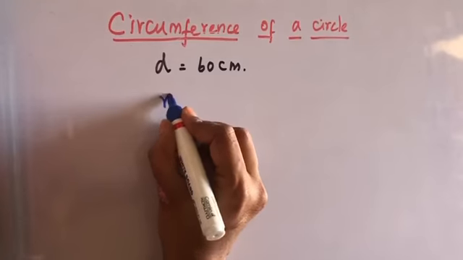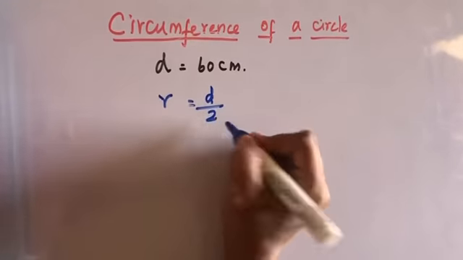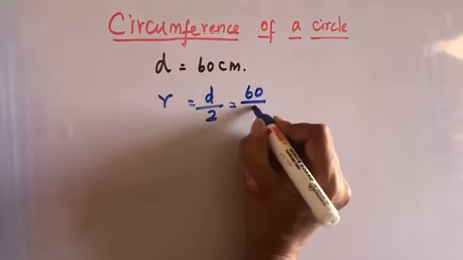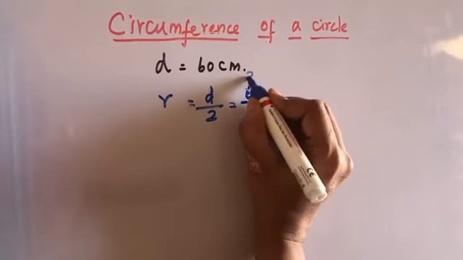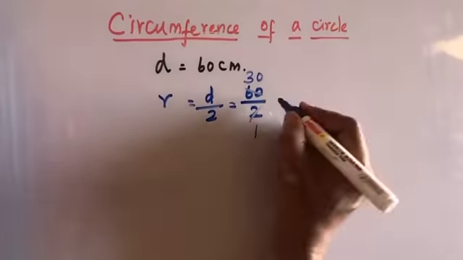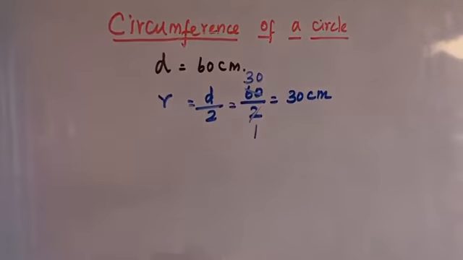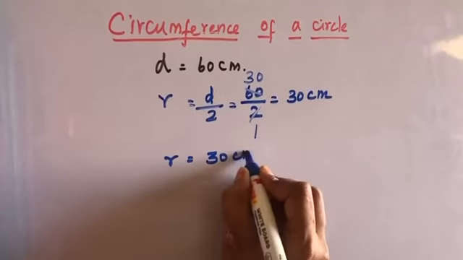How will you find the radius? r is equal to d by 2, that is diameter divided by 2. Here d is 60, 60 divided by 2. So while simplifying, 1 2 is 2, 3 2s are 6 and 0, that is equal to 30 centimeter. So r is equal to 30 centimeters.